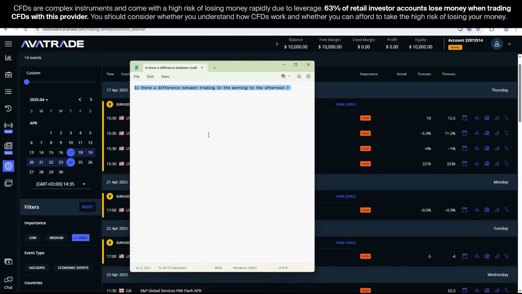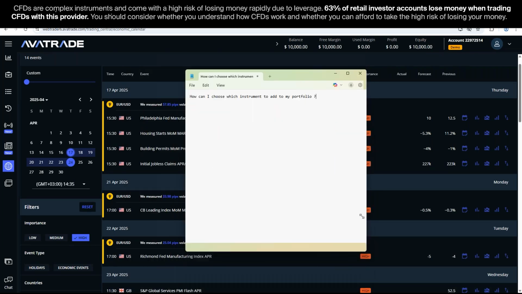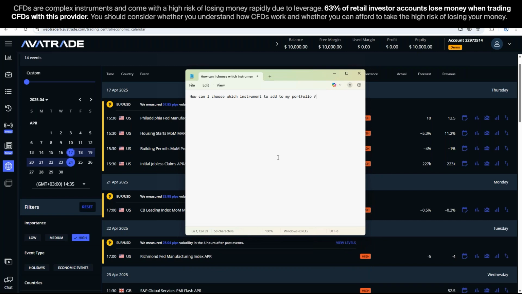For instance, if I'm in Australia and I want to trade the US market, this will require me to stay up and trade at 4 in the morning, right? So we need to use it as an example.